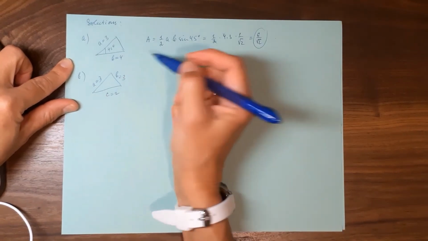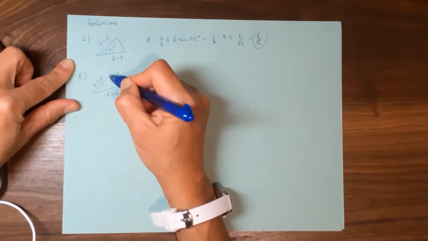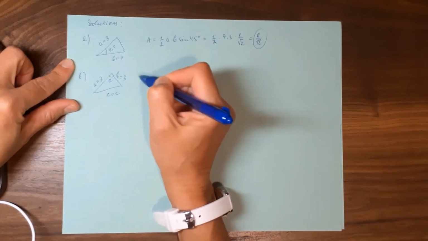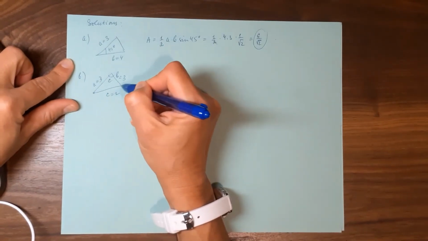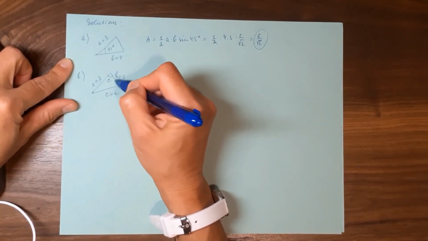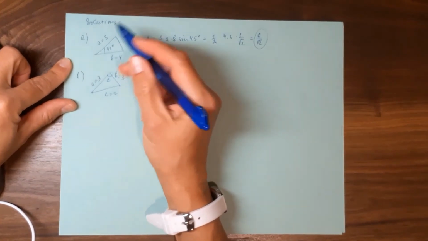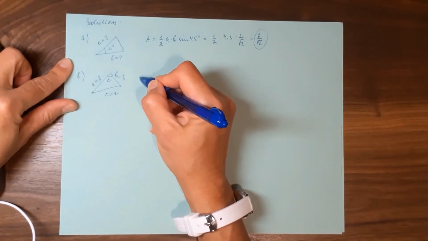We are moving to the next triangle, which consists of 3 sides. A equals 3, B equals 3, and C equals 2. I'm going to find angle C. It's not necessary to find angle C, but that's just my choice. So I'm going to use cosine's theorem for C square.